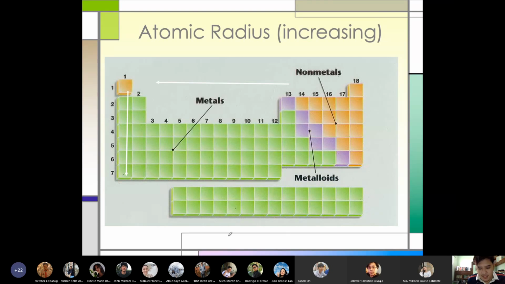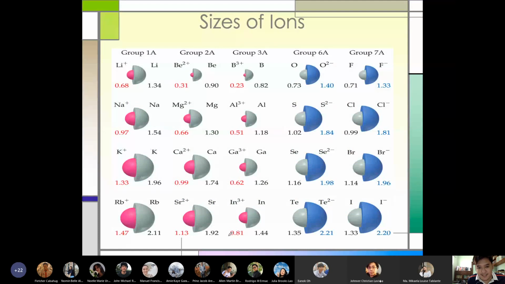Now, let me talk about the sizes of ions. We have this picture. I would like you to note any significant observations and share them with the class. The pink spheres are the ionic forms of your metals, the gray ones are your neutral elements, the pink ones are your cations, and the blue ones are your anions.